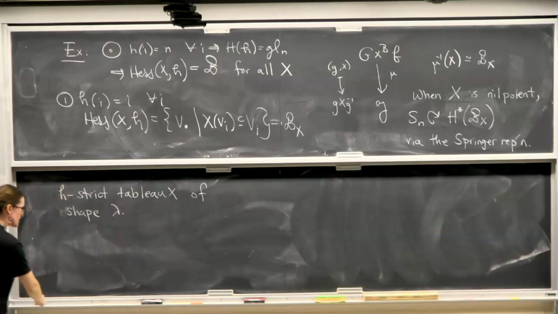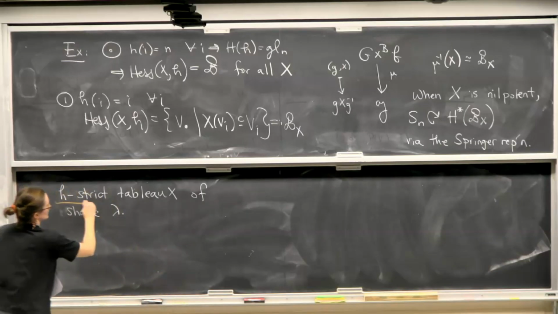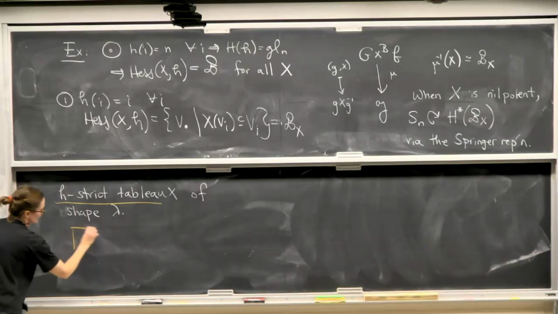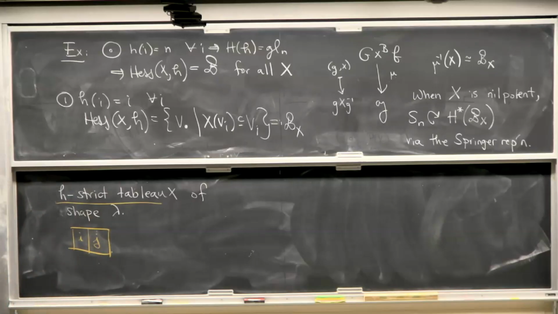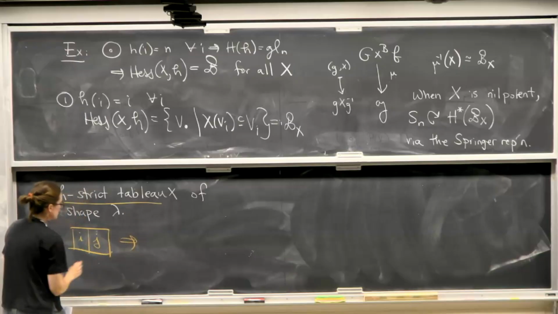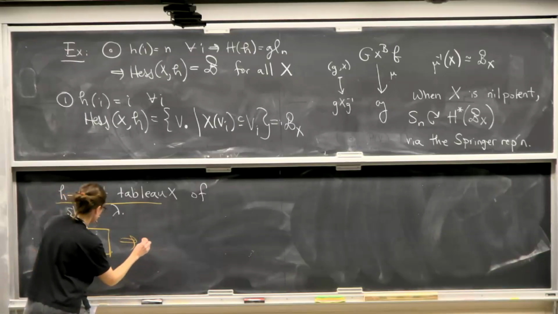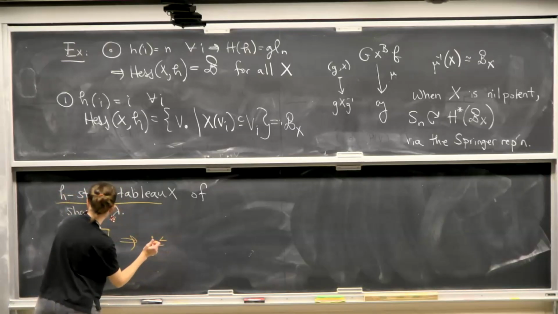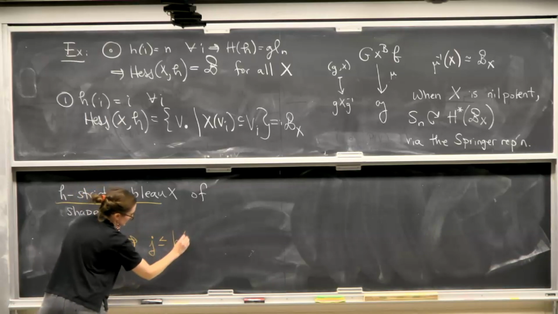So what should I mean by H strict? I have my tableau of shape lambda, I put 1 through n in there. What does it mean to be H strict? H strict is going to mean that when I see i and j next to each other in a row, and I only care about the rows in this definition, then j is less than or equal to h of i.